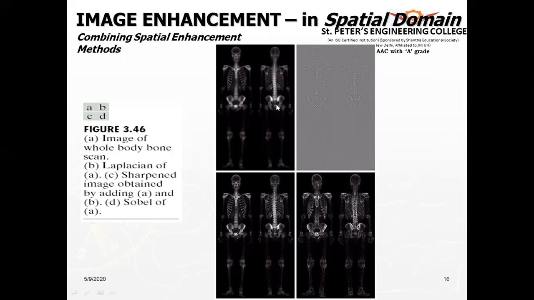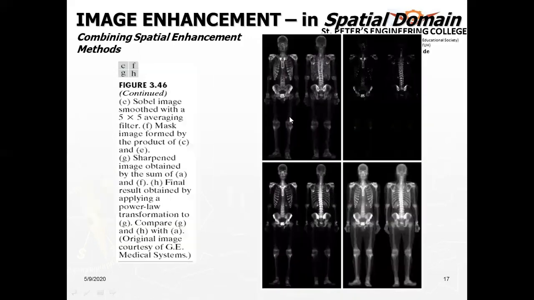This is the example. So the image is not very clear. You perform the Laplacian of that, you get the sharp edges. Then again, you sharpen it by adding the images. And this is the Sobel edge for this. For this, you apply the Sobel edge. Next, you again smoothen this Sobel edge by using a 5 by 5 averaging filter. Then you perform the mask.